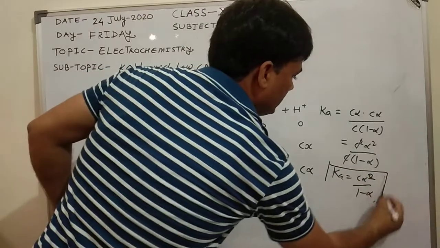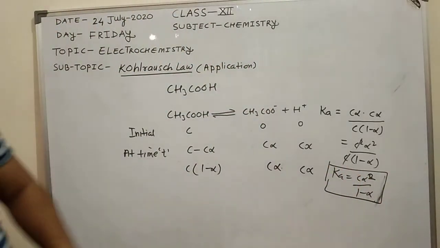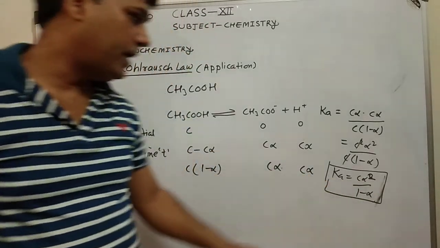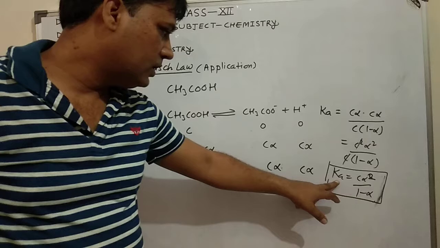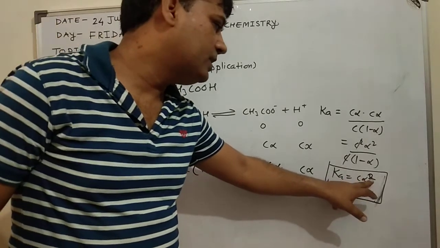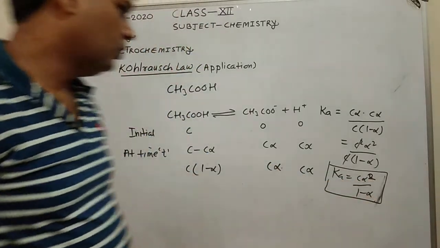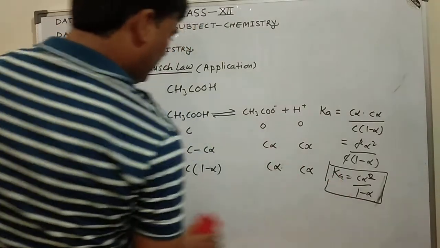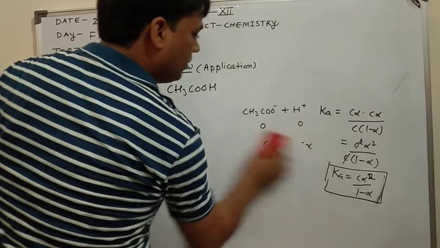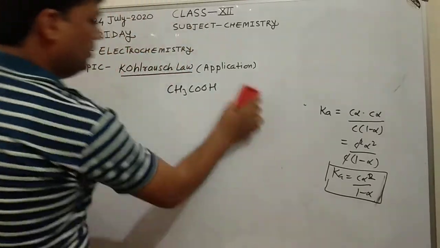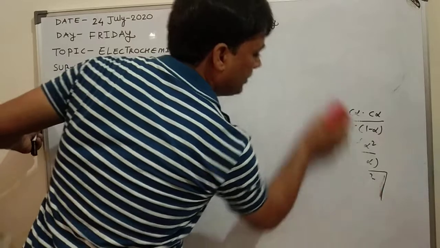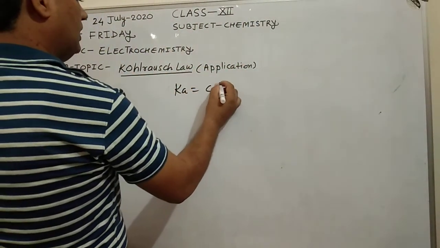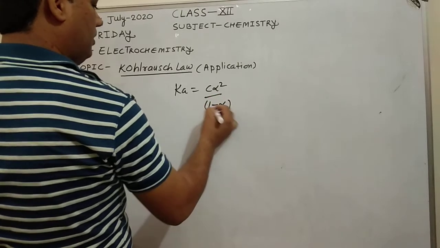So this is the relation between dissociation constant and degree of dissociation for weak electrolyte. Ka is the dissociation constant, C is the molarity, alpha is the degree of dissociation. So with the help of this equation we can calculate the dissociation constant, that is Ka. So Ka is equal to C alpha square divided by 1 minus alpha.